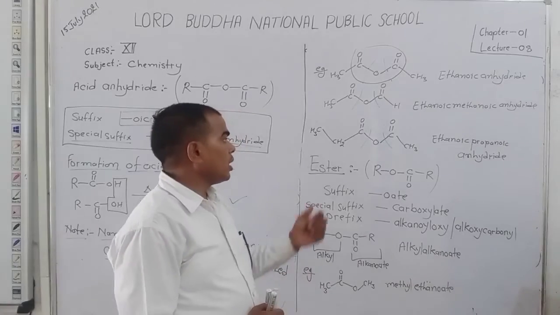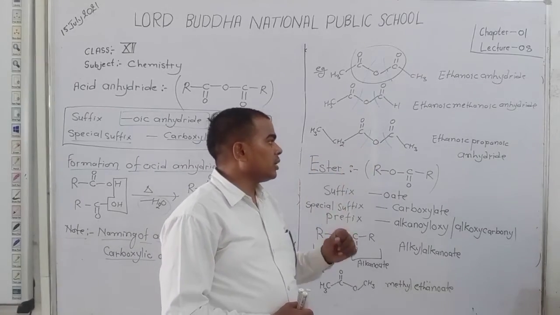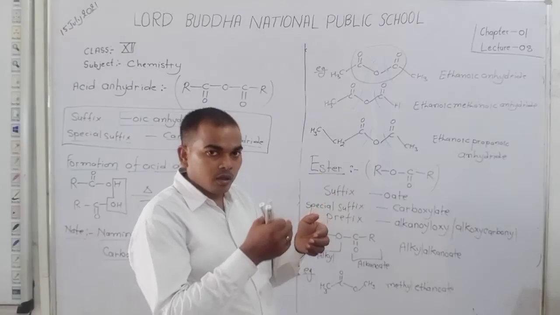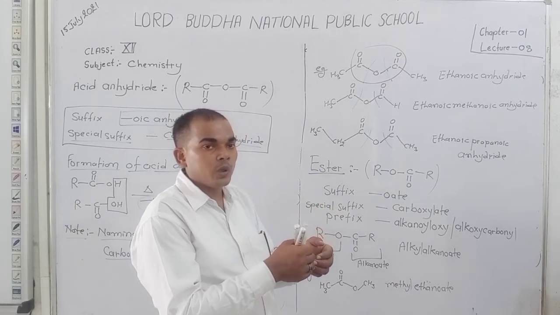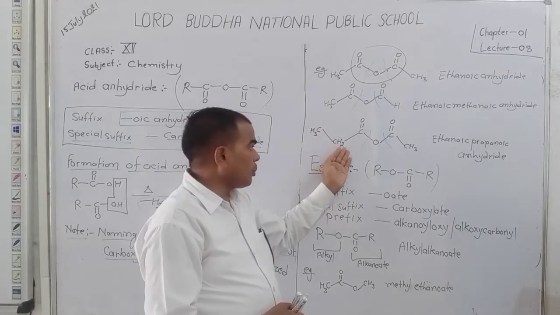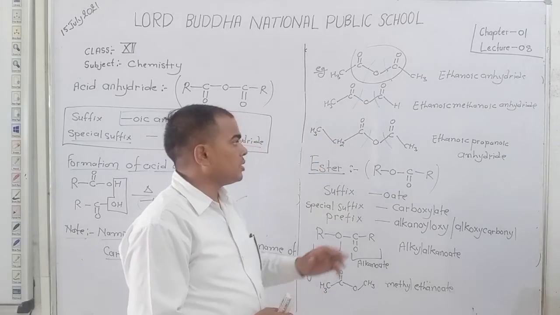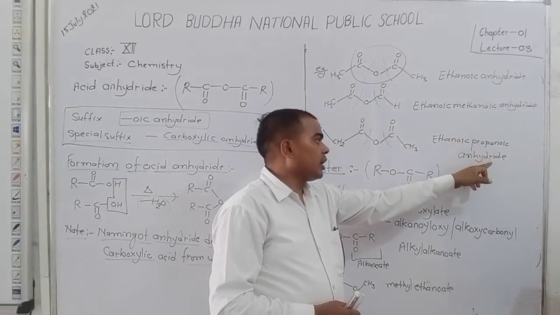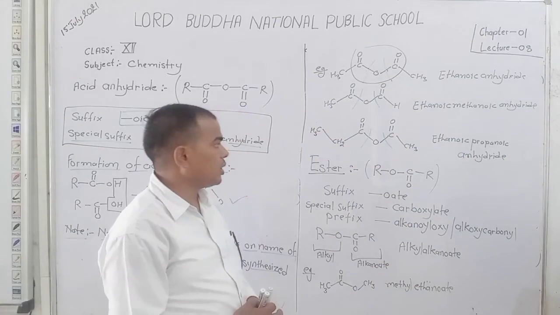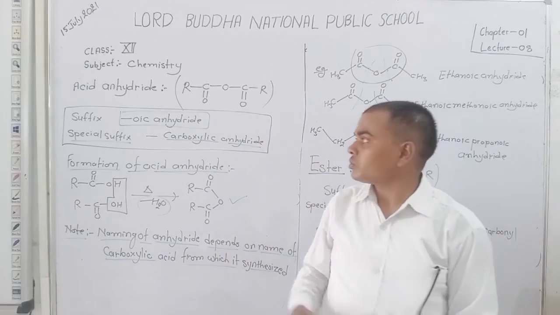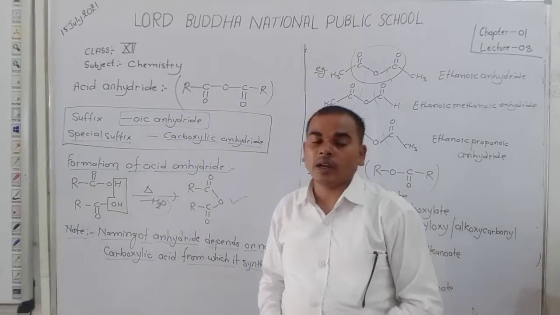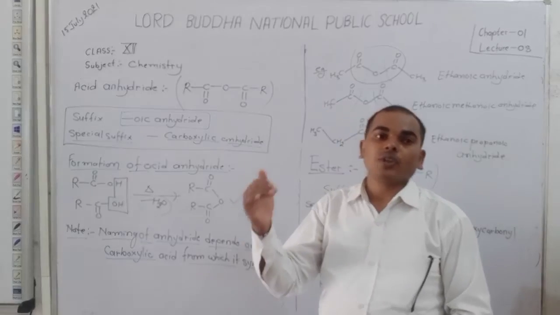So the name: E comes before P, so write ethanoic propanoic anhydride. Okay, student. I think you understand the nomenclature of acid anhydride.